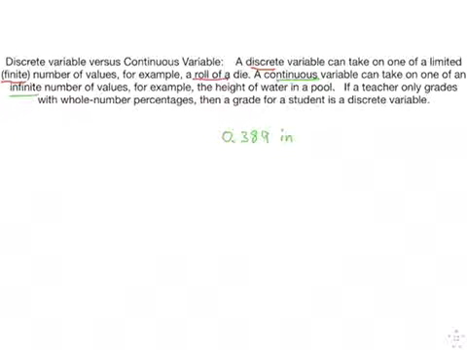Hopefully, we will have more water in the pool, but if it can go any number from 0 to, say, 10 feet, if, for example, that number could be 3.184 inches, well, that makes for what we call a continuous variable that can take on any one of an infinite number of values.